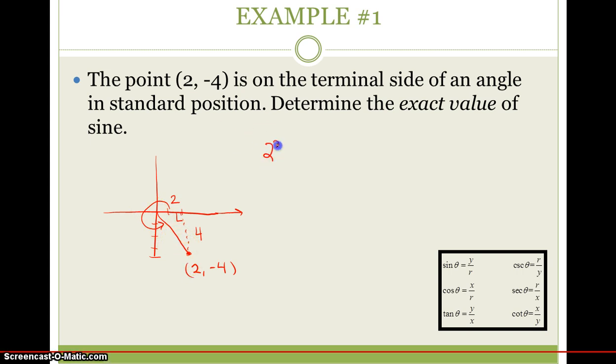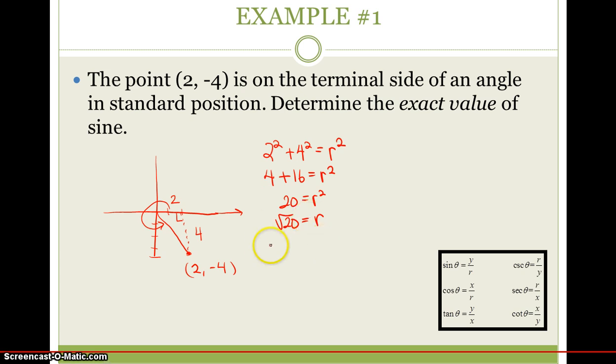So we have 2 squared plus 4 squared equals r squared. So 4 plus 16 is equal to r squared. 20 is equal to r squared. So the square root of 20 is equal to r, because we took the square root of both sides.